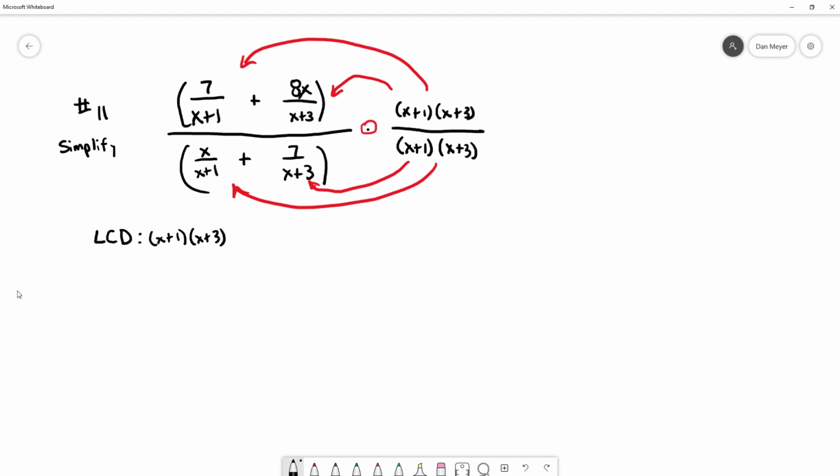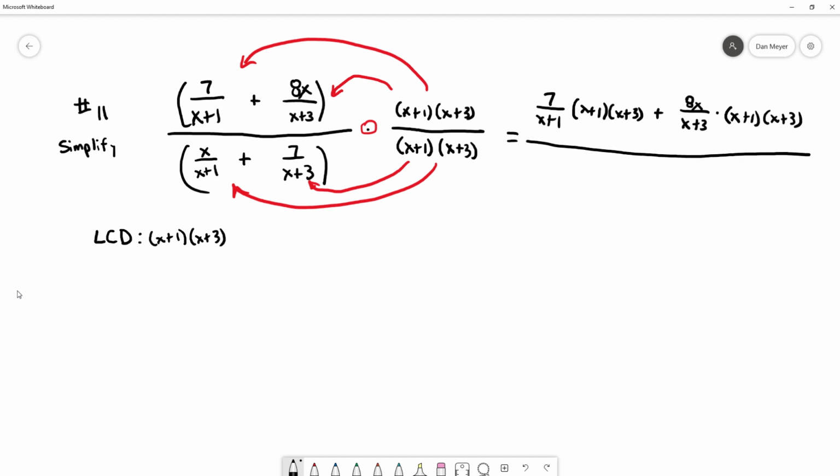When I distribute across the top, I have 7 over x plus 1 times x plus 1 times x plus 3, plus 8x over x plus 3 times x plus 1 times x plus 3.